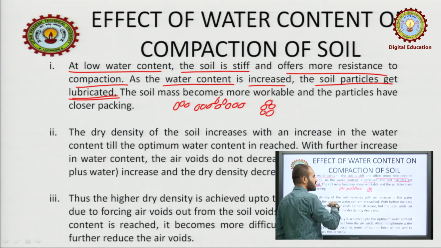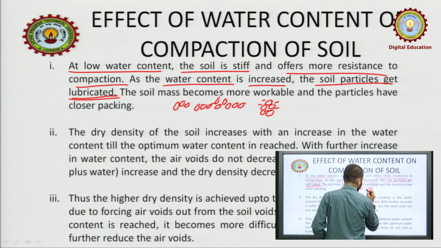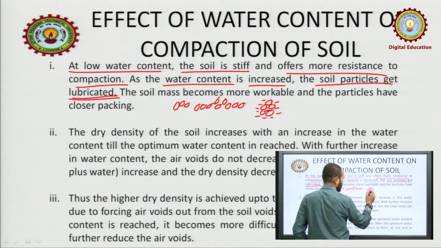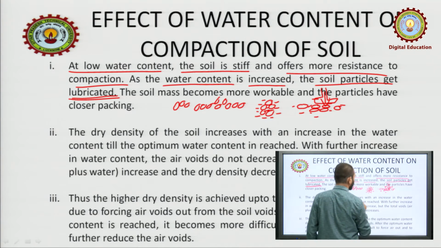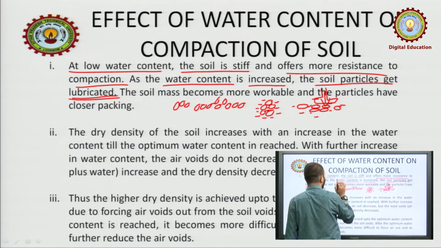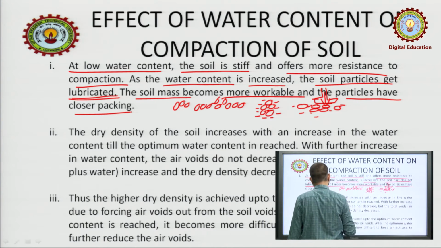Now once you start increasing the water content, they will be filled with water everywhere, and they will get dispersed. Once they get dispersed, the compaction process gets easier, or more compaction can be carried out. The soil mass becomes more workable and the particles have closer packing.